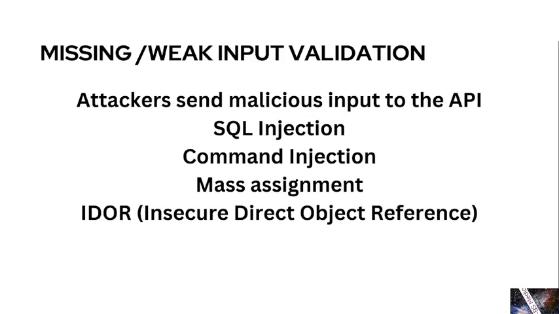All right, so let's move on to the next one: missing or weak input validation. Attackers send malicious input to the API. So it is possible to send SQL injection, command injection, mass assignment, or IDOR, insecure direct object reference, like the one I've explained earlier.